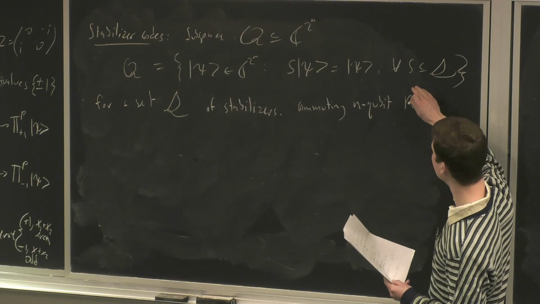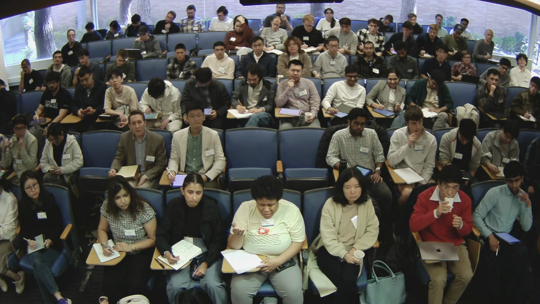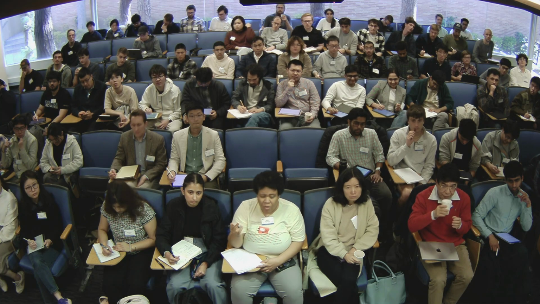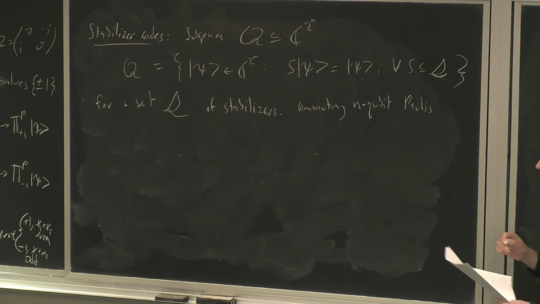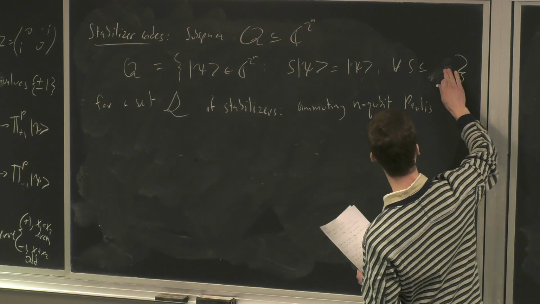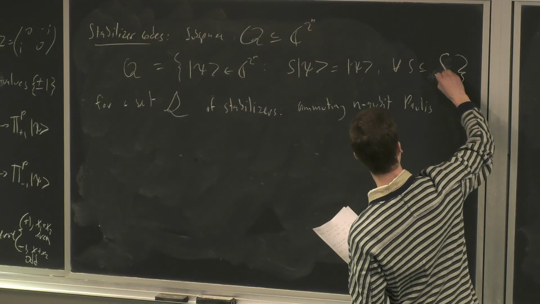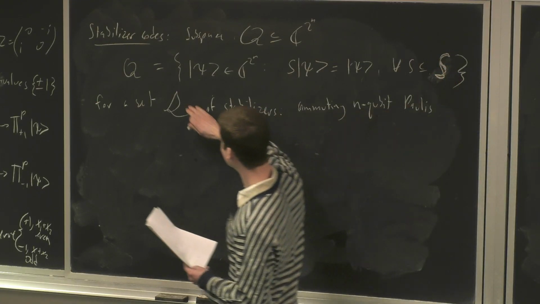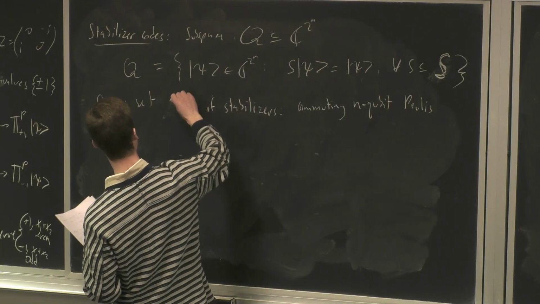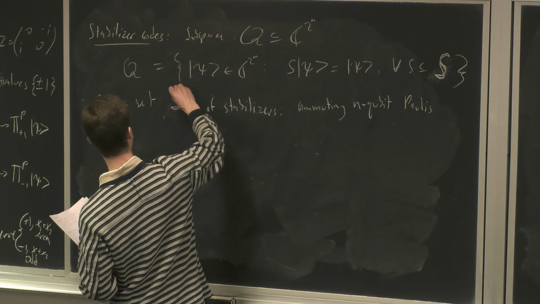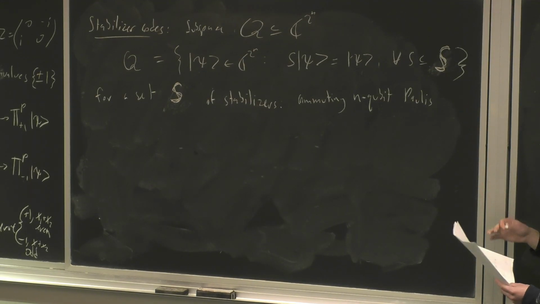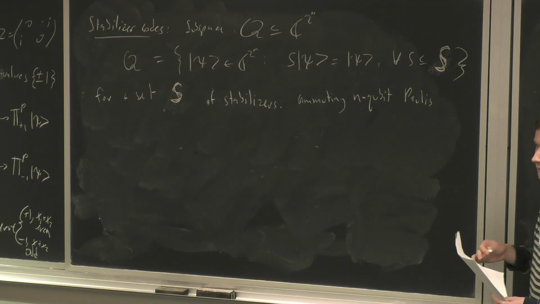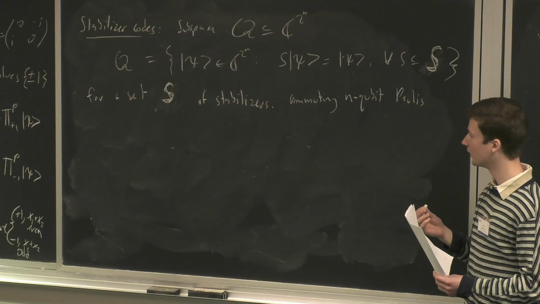Oh, sorry, this is just a script S. It's a very badly drawn S. Maybe I'll write it like this. So we just have some set, like here I'm writing bold S, of commuting n qubit Paulis.